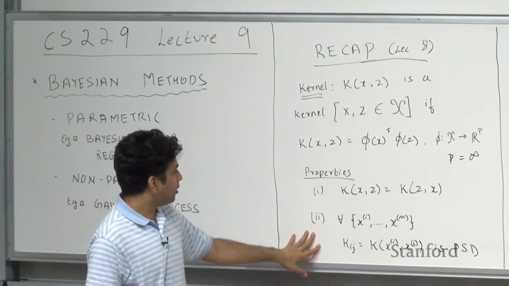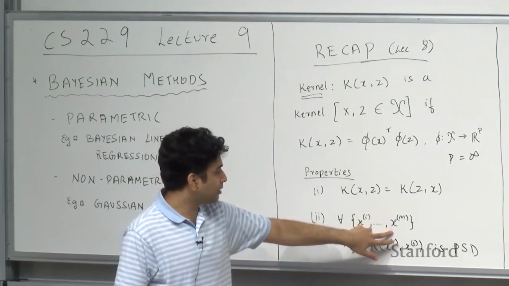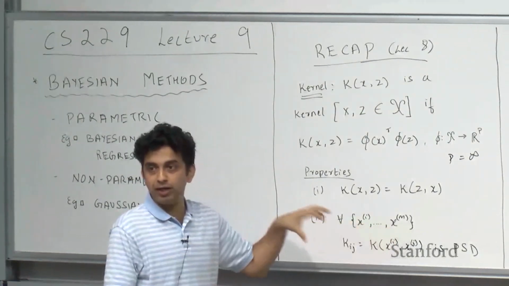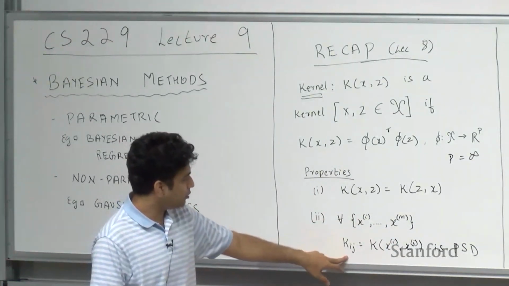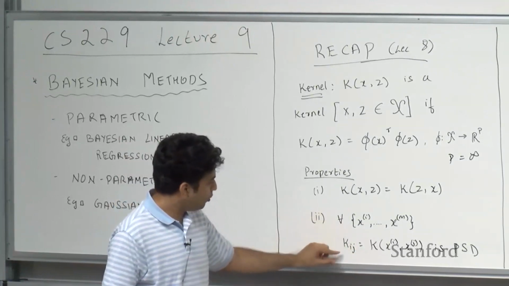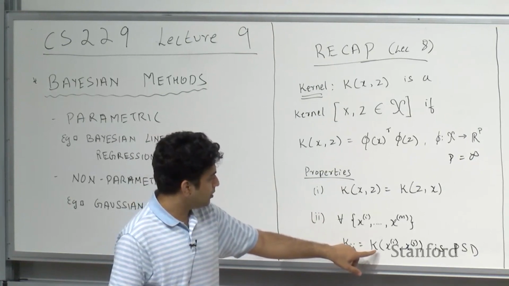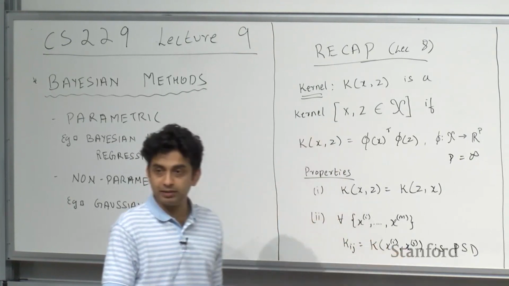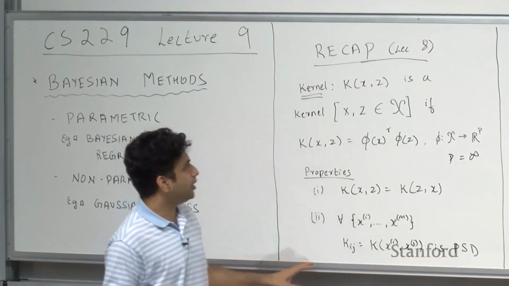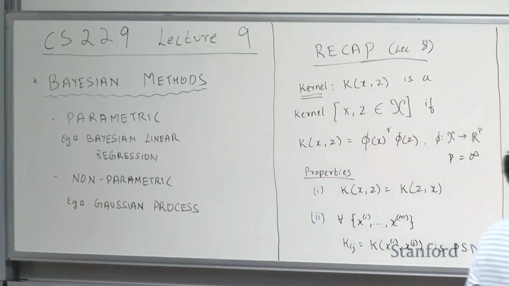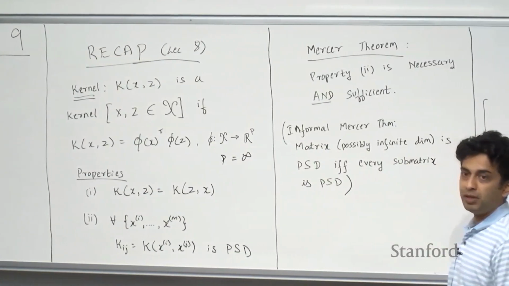And for any finite collection of examples, and these examples could be any examples, not necessarily a training set, the kernel matrix that you construct such that K_ij, the value of the ijth cell in the matrix, is the kernel function evaluated on the ith and jth example, is positive semi-definite, right? And Mercer's theorem tells us that this property 2 is a necessary and sufficient condition for k to be a kernel.